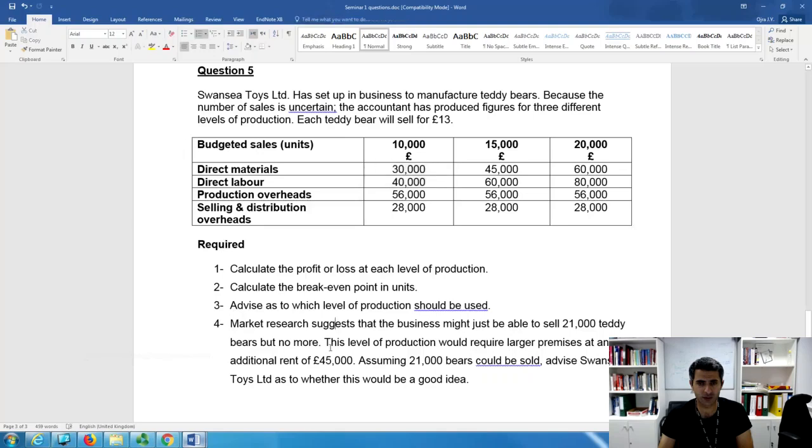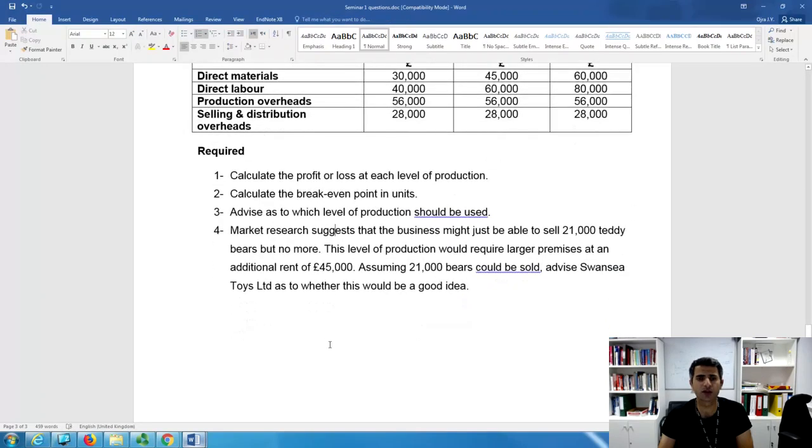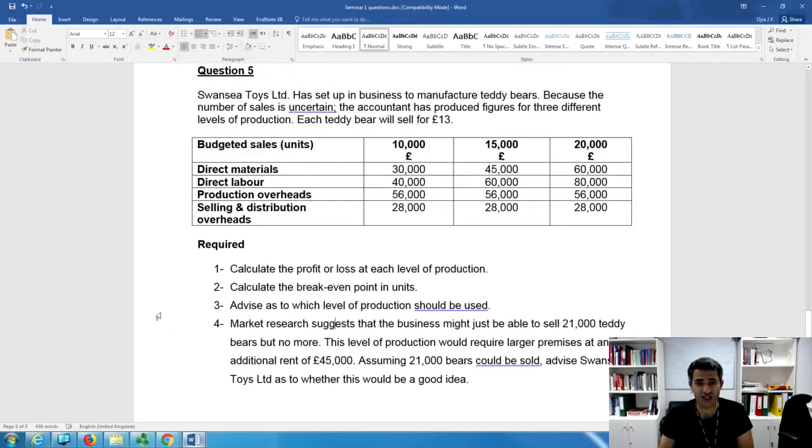So now let's go to part 4 and the last one. Market research suggests that the business might just be able to sell 21,000 teddy bears, but no more. This level of production would require larger premises at an additional rent of £45,000. Assuming that 21,000 teddy bears could be sold, advise whether this would be a good idea.